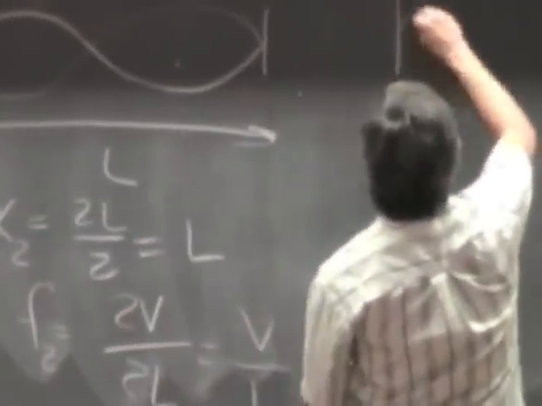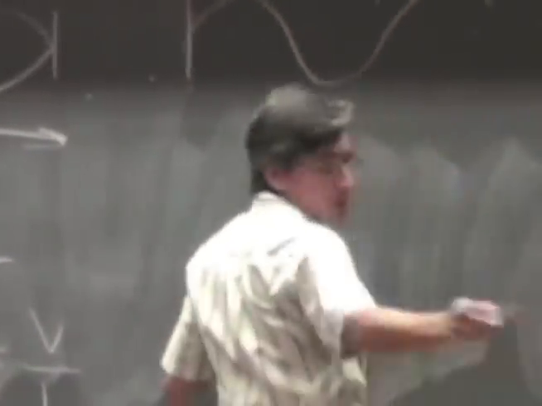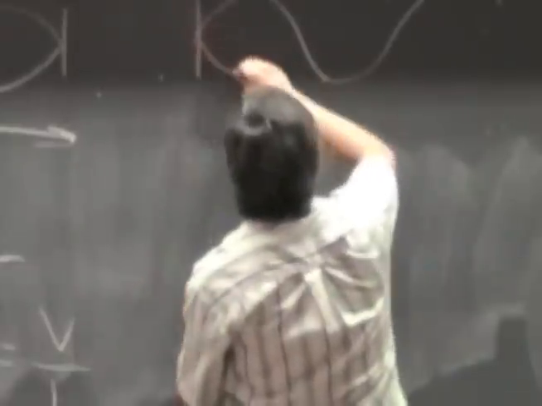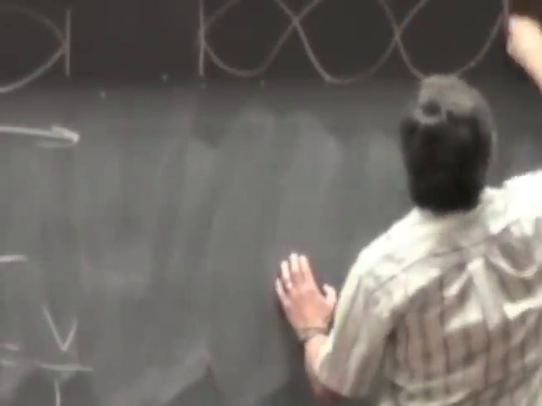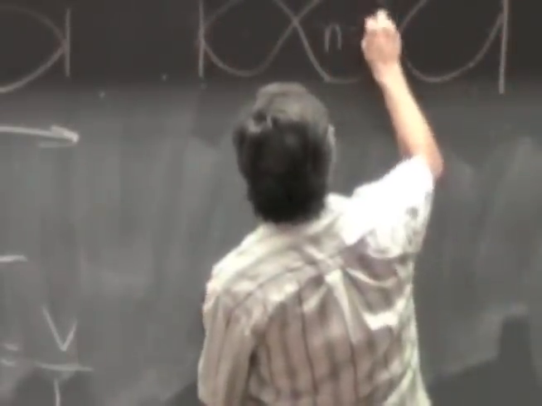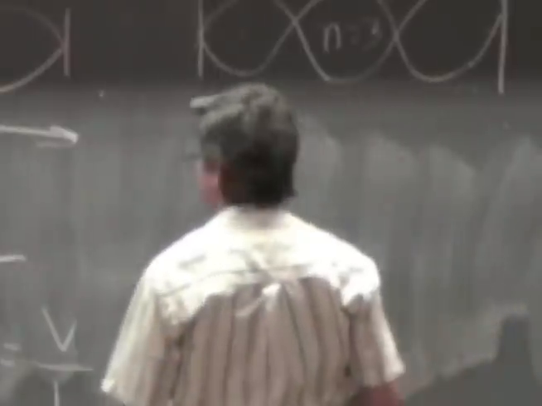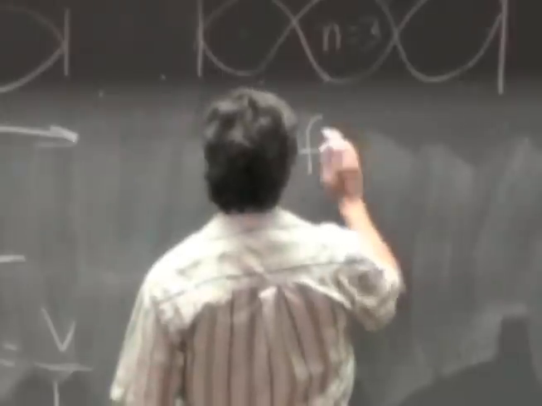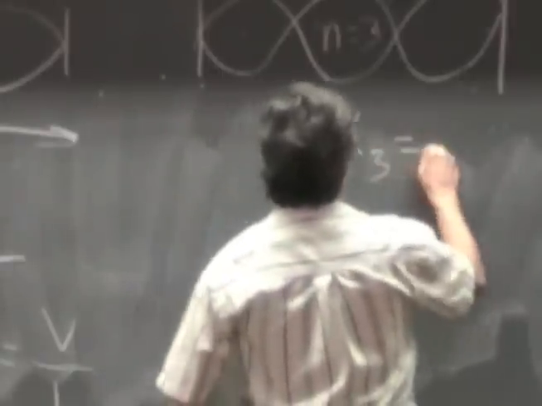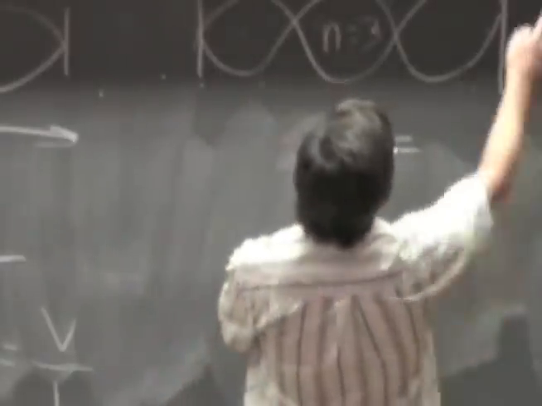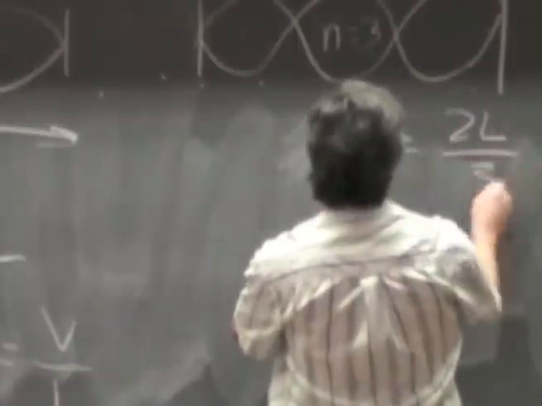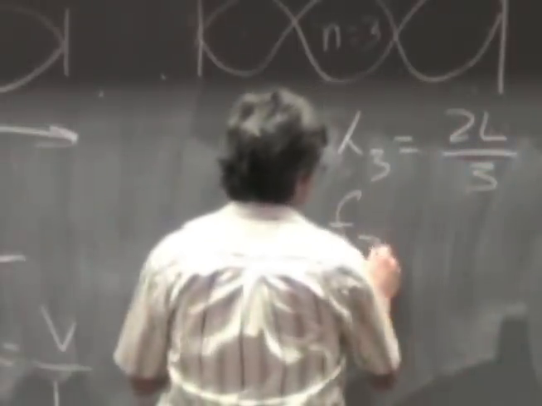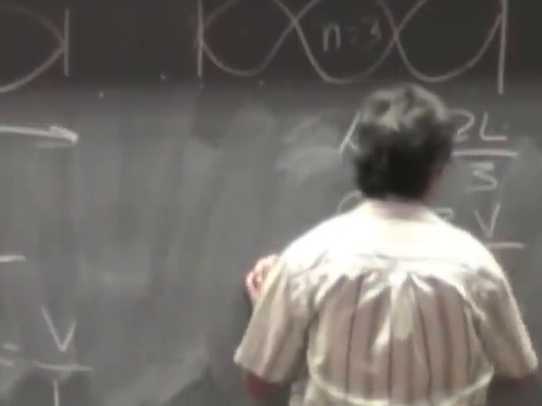And then n equal 3, which is the one that I showed you over here when we had the beat frequency. That was n equal 3. And the wavelength, lambda 3, would be 2L over 3. And frequency 3 would be 3v over 2L.